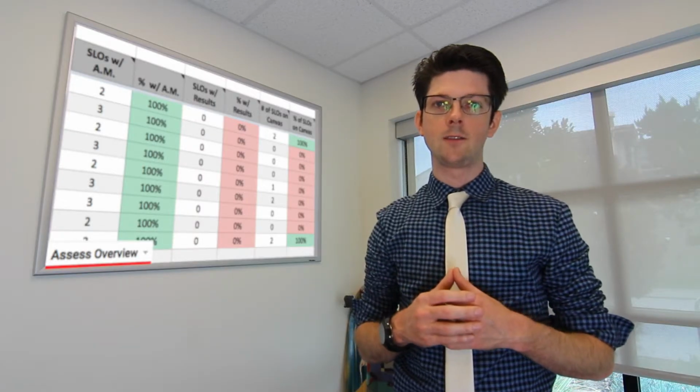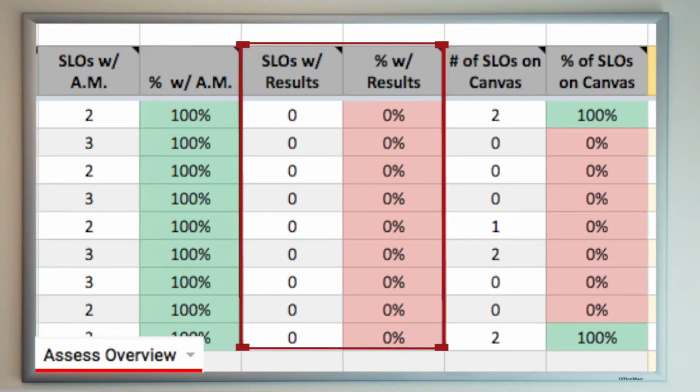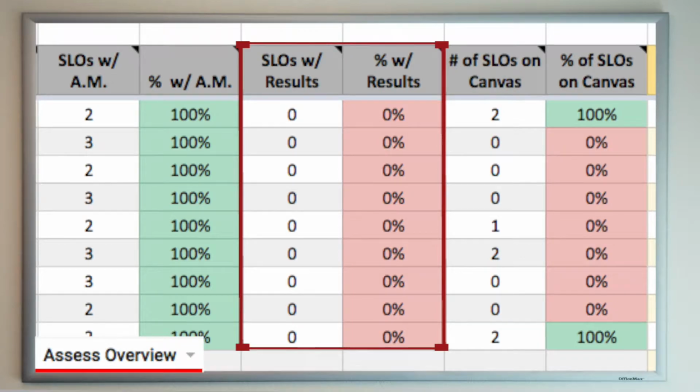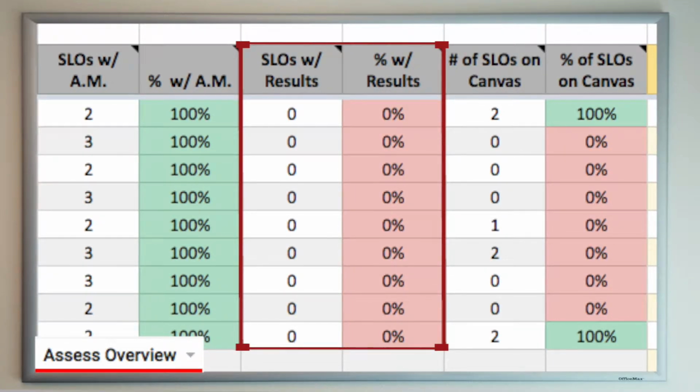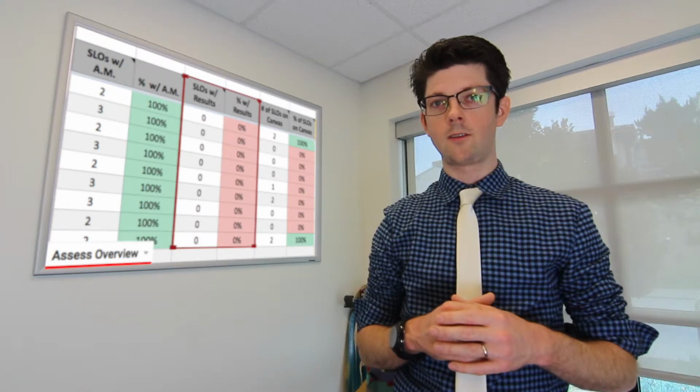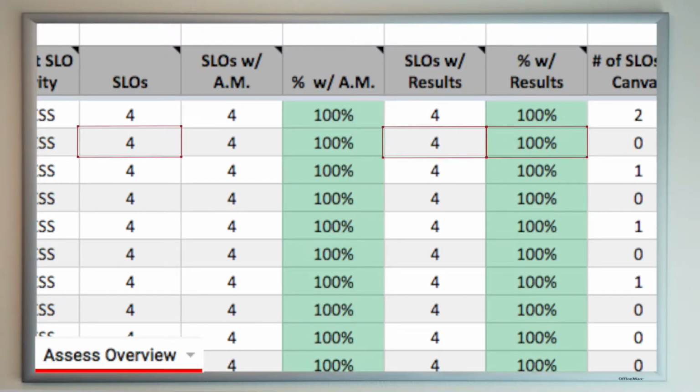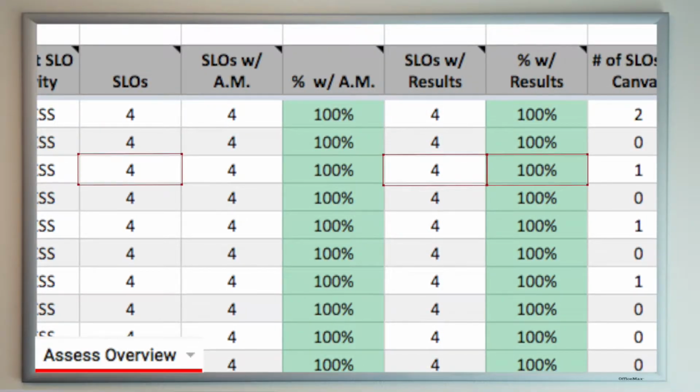The column entitled SLOs with Results will start at 0 at the beginning of that course's assessment cycle. As the course gets assessed over fall and spring of its assessment years, the number will increase, and it should increase on a 1-to-1 correlation.